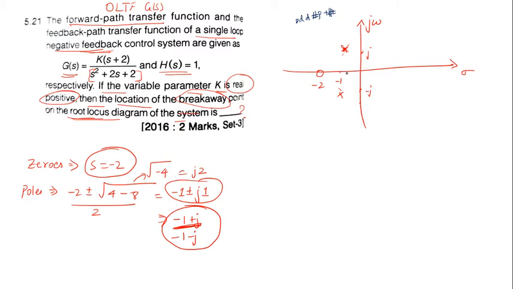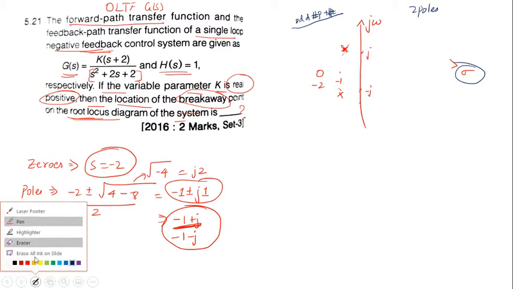Here there will be no locus because there are 0 poles and zero zeros. Coming till here, it is still 0. At this point it is going to be 2, an even number, meaning 2 poles, so there is no locus on this part of the real axis either. We are only talking about the real axis.